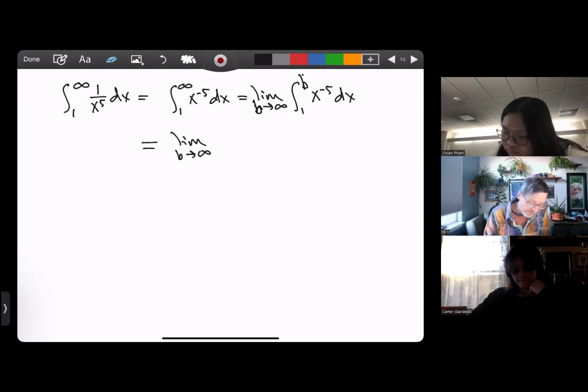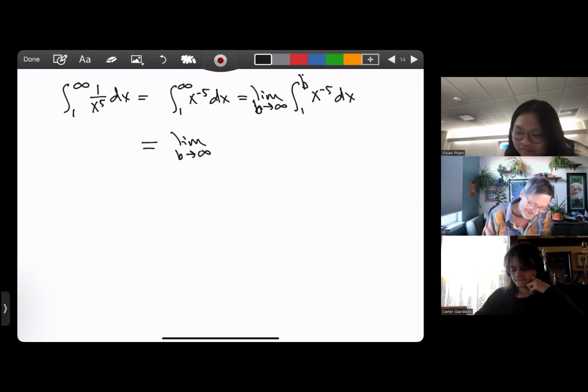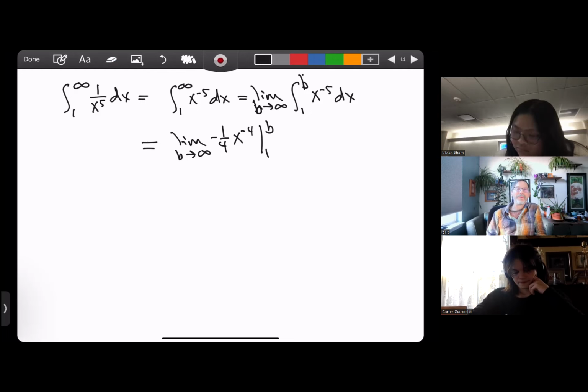Oh, it should be 1/4. Sorry, I think it should be 1/4. So much for doing it in my head. So when I do the power rule, it's x to the -4th, and then the -1/4 comes out in front. Like that. Is this looking better? Yeah.